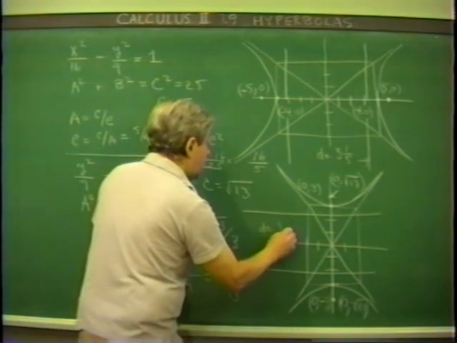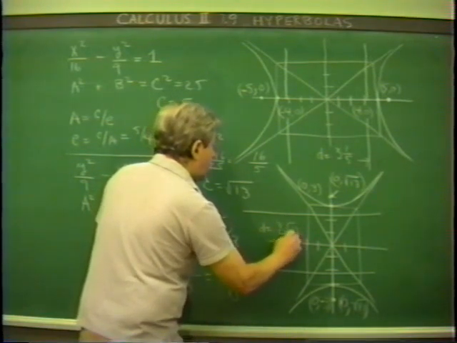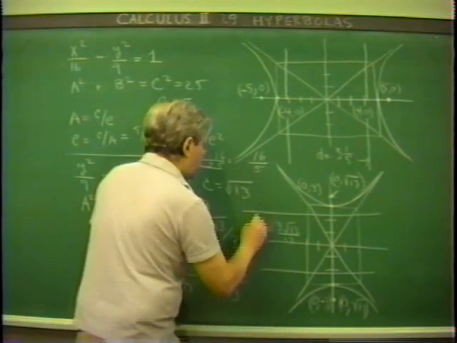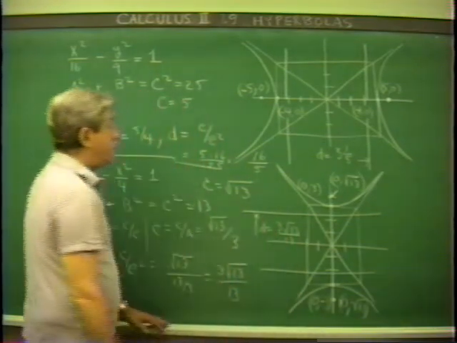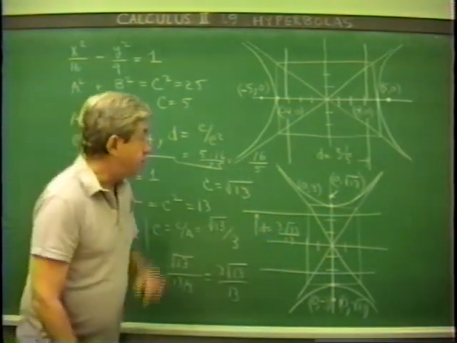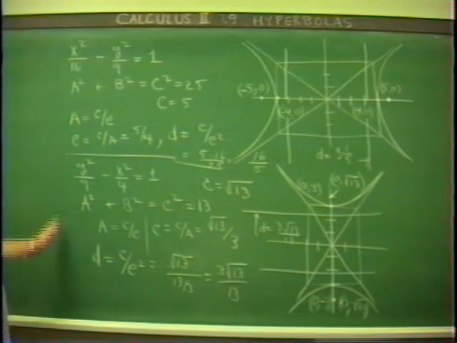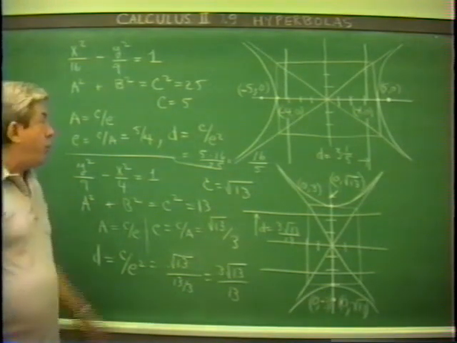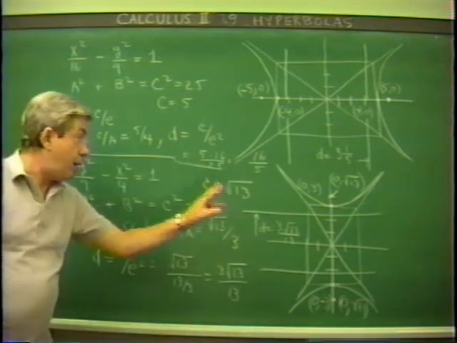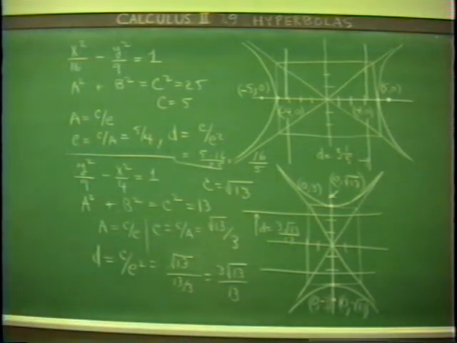And by symmetry, another directrix over here. The line y equals d. Okay, so then here are 2 pictures of hyperbolas. One over to the right and left, the other one up and down, and both with their center at the origin.